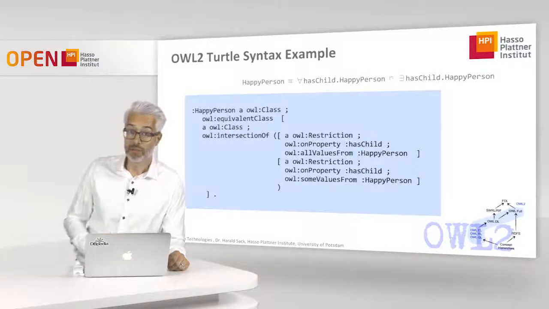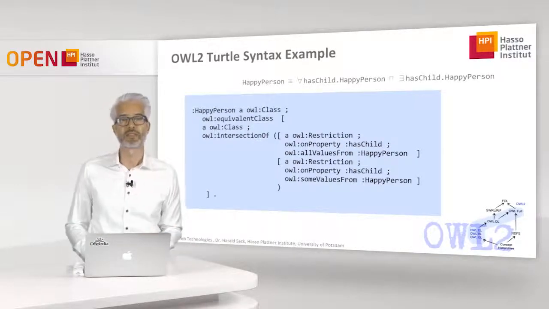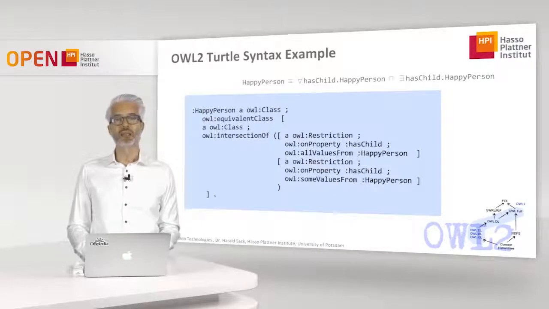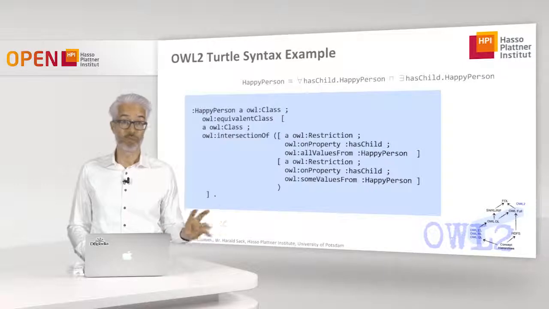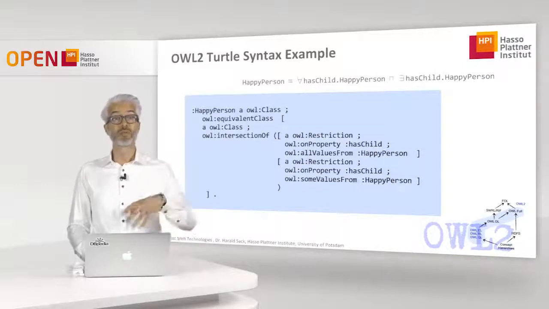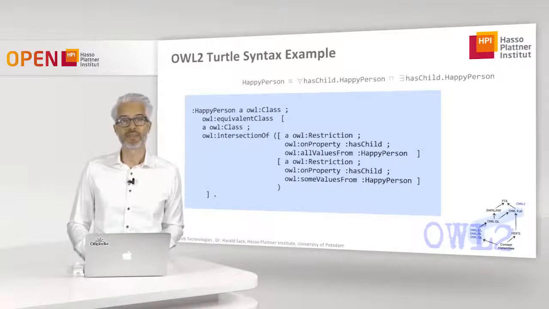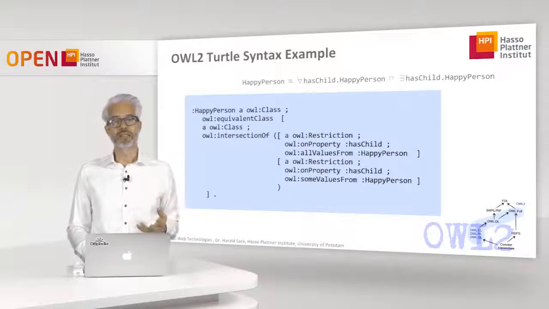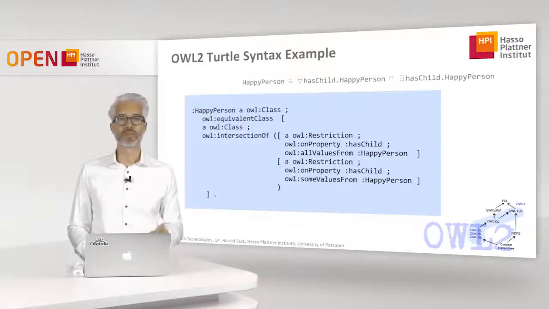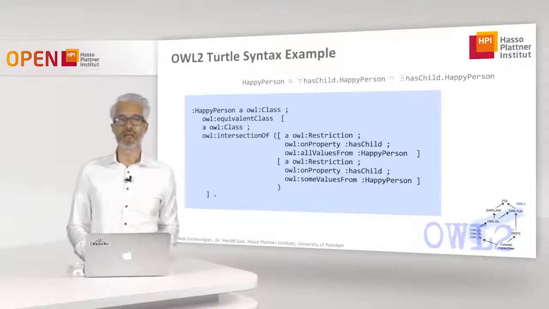Okay, and here is the most important example of all. This is the Turtle syntax example, and we know Turtle already. Here we define a class which is called HappyPerson, and we say this is an equivalent class. This is already OWL syntax that we will learn very soon. It is equivalent to another class which is given in square braces, and of course this consists of an intersection of these two restrictions on the property has child and then on the range HappyPerson.